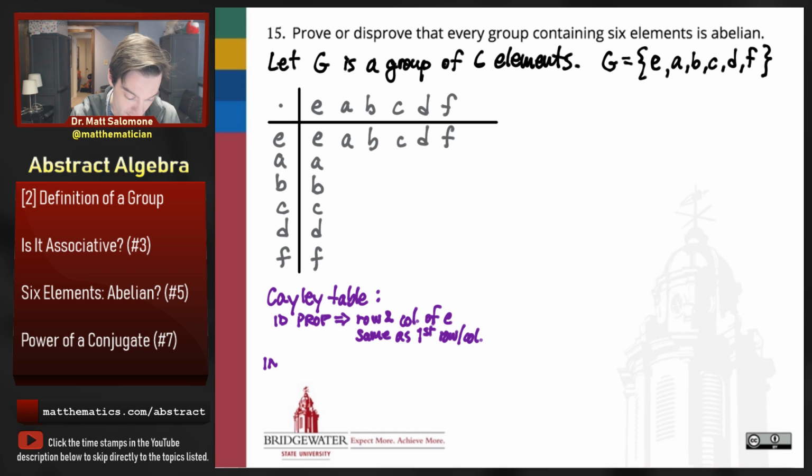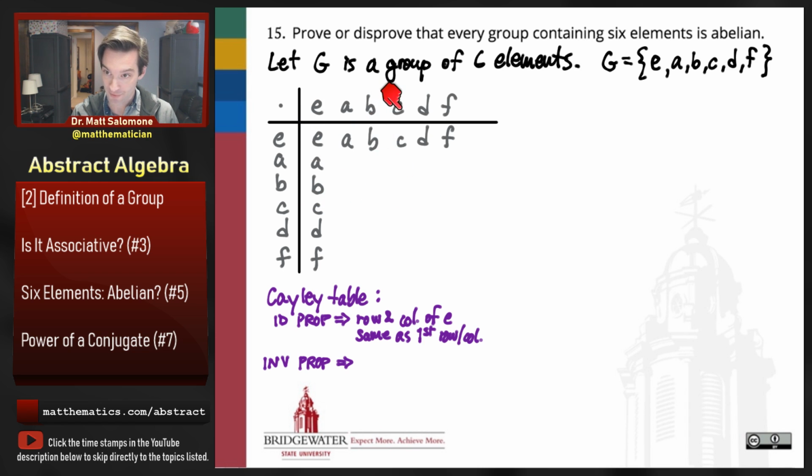We also have the inverse property. And the way to interpret the inverse property is that given any element, let's say C, for example, in my group, there has to be some other element, or maybe it's C itself, which when I multiply C by that thing is going to give me the identity element in my group. In other words, if I look on the same row as C, I have to find my identity element somewhere on that row.